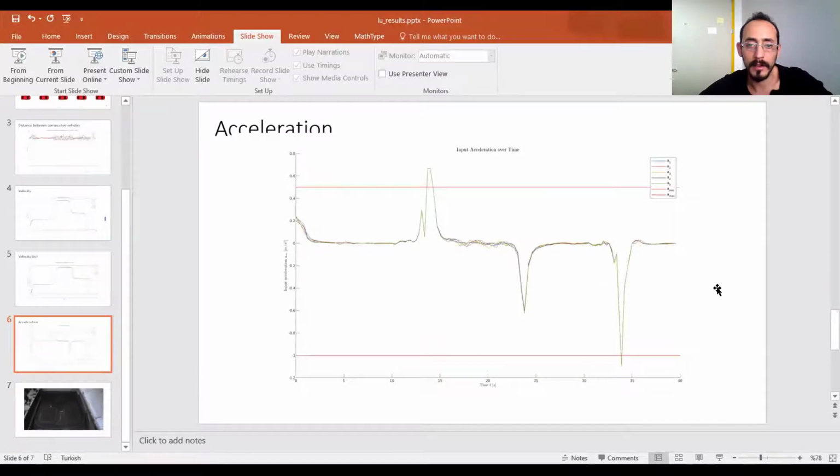And this is the input acceleration over time, which is the change of the input velocity. And the cars try to keep their acceleration as close as possible to zero. So it tries to keep its magnitude small.